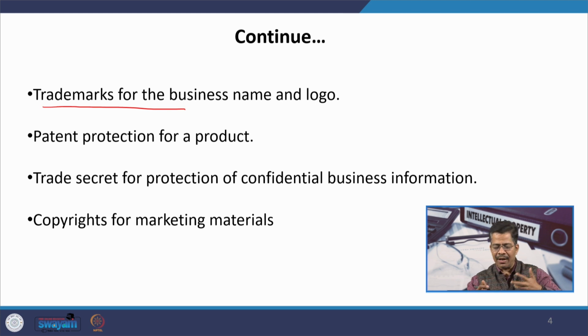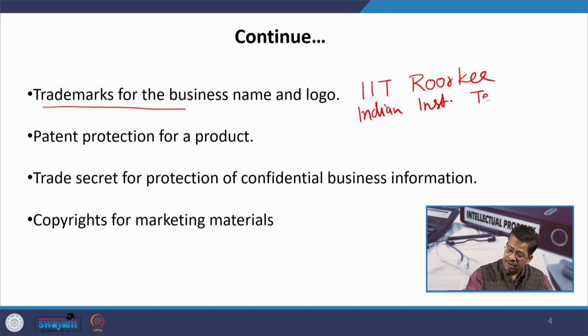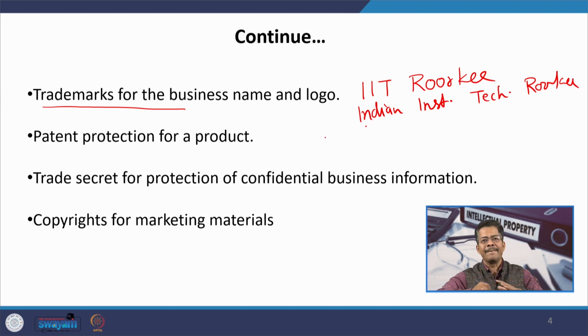So, if I say IIT Roorkee, then I can say Indian Institute of Technology Roorkee, then I can say IITR, and I can write all these things in capital, in small, and that becomes a bouquet, a portfolio of my trademarks. That is the most common type of portfolio which organizations generally maintain.